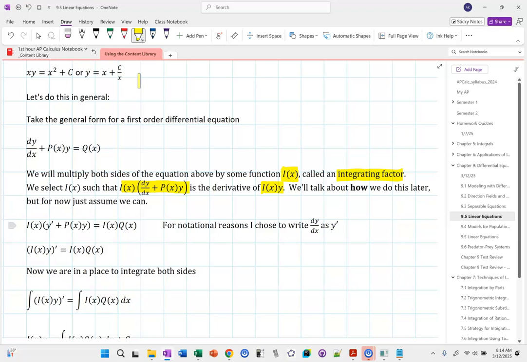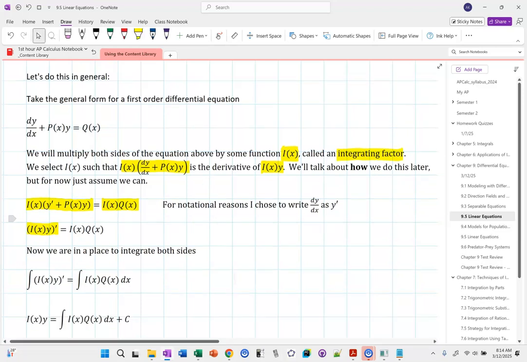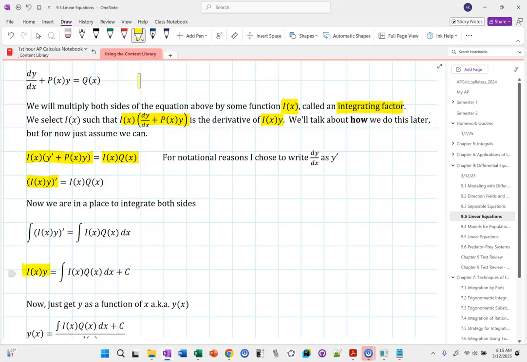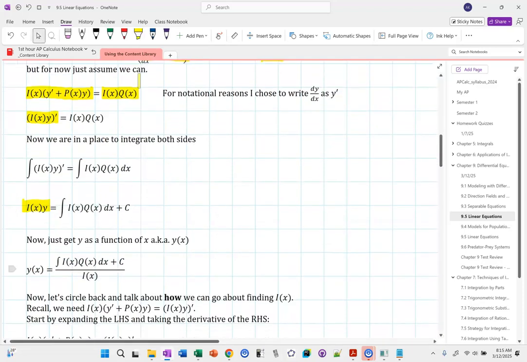So we've chosen our I of x, we multiply it by both sides of our equation. By definition, that left-hand side is just the derivative of I of x times y. I can integrate both sides. The integral cancels out the derivative on the left-hand side, leaving me with I of x times y equals that integral.